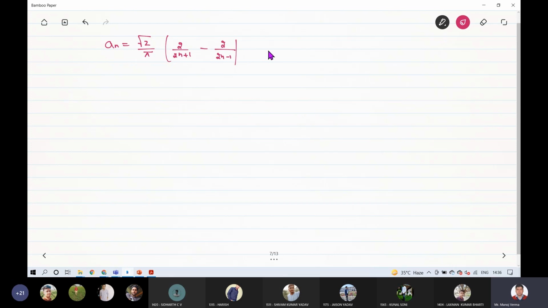I can take out this 2 common, 2 root 2 over pi, and it will be, if I take the LCM, (2n minus 1) minus (2n plus 1) divided by 4n square minus 1.